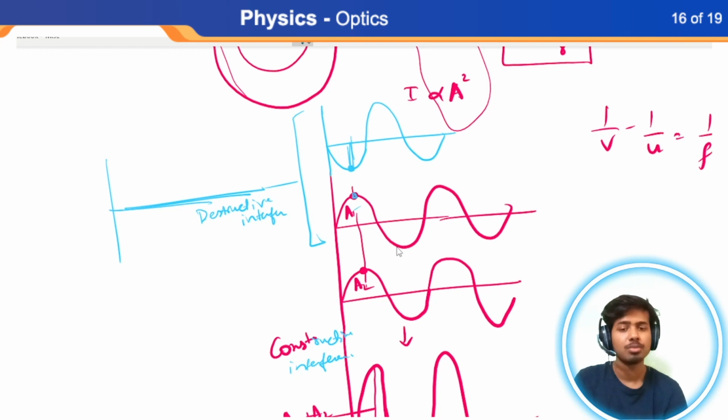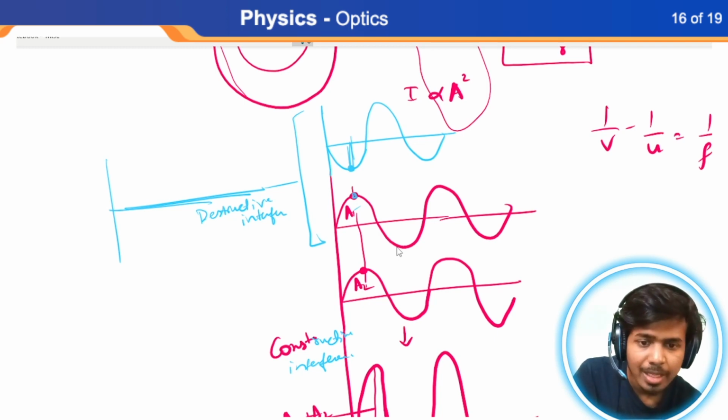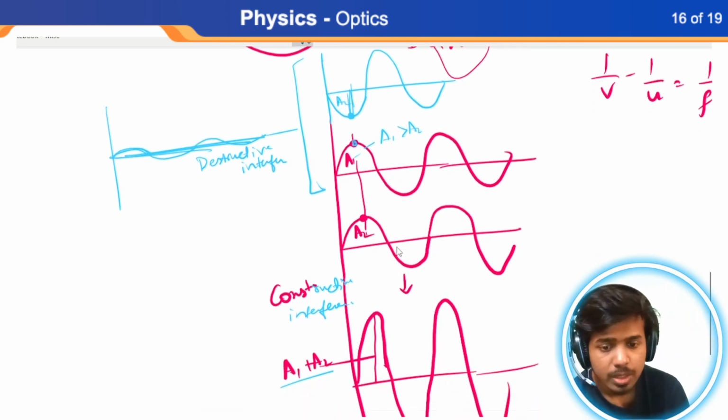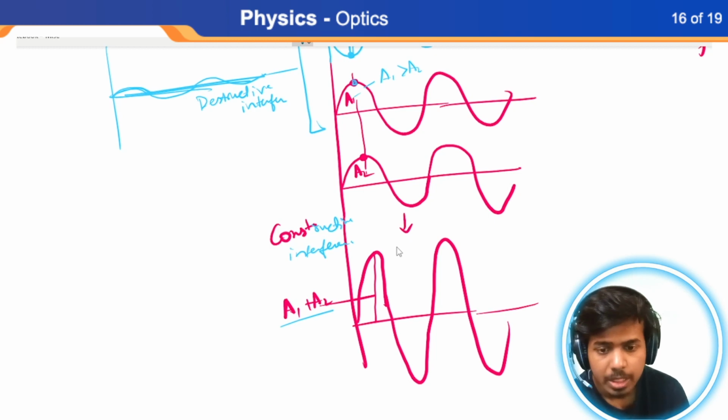That is why they get cancelled out. Or if you have unequal amplitudes, then the resultant will look something like this. If A1 is bigger than A2, then the resultant will be slightly in the positive direction. If they're exactly equal, they will cancel each other out completely.